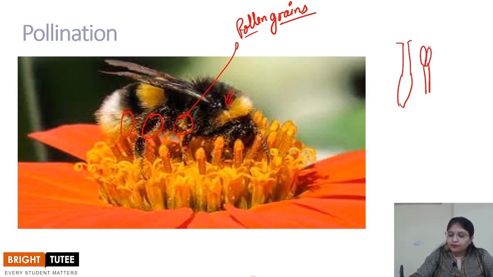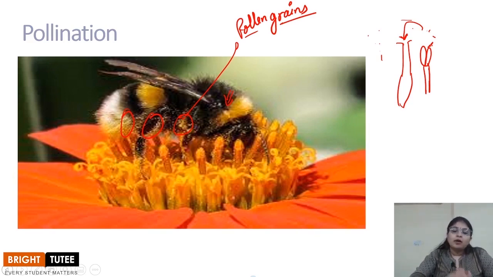If the pollen grain is stuck to the insect, when the insect is buzzing around the flower, this pollen grain might simply fall on the same flower's stigma as well. So insects, bees specifically, are among the major pollinators. They can easily transfer the pollen grain from one flower to another, and within the same flower also they perform pollination. In this way we see the importance of pollination and also how pollination occurs.